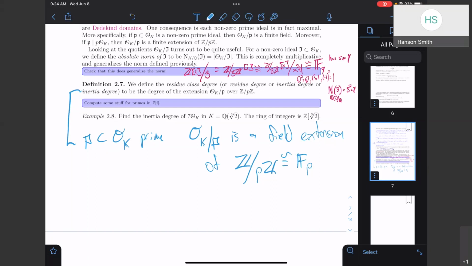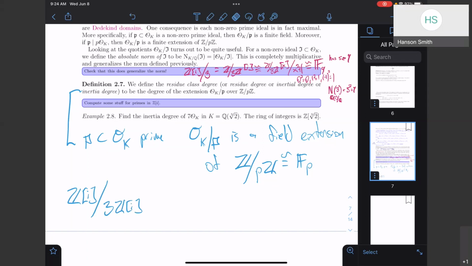Okay, and so we saw this right here with Z[i] mod 3, which is a prime ideal in Z[i]. I'll write it as 3Z[i] to make sure we know where our 3 is living here.